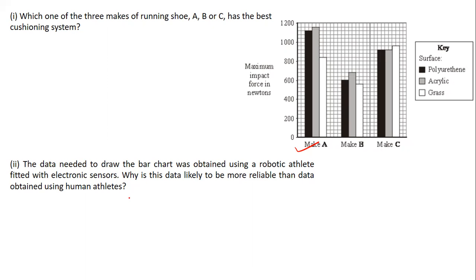Now, what is the question asked? Why is this data likely to be more reliable? The data that a robotic athlete has done is more reliable than the human ones, because the robotic athlete can be fitted with electronic sensors, but a human athlete, you could not do the same thing to a human athlete.